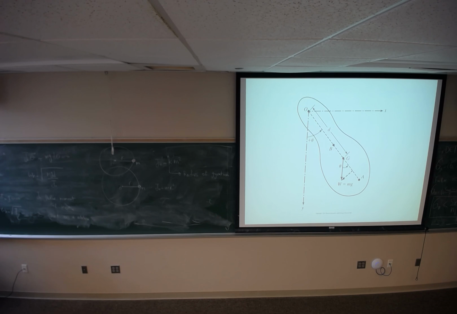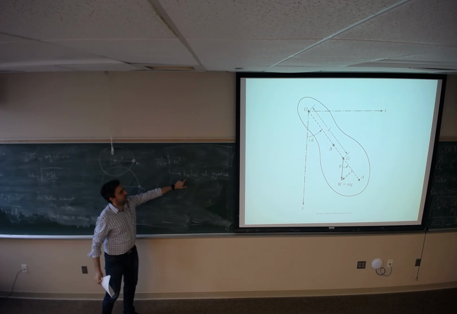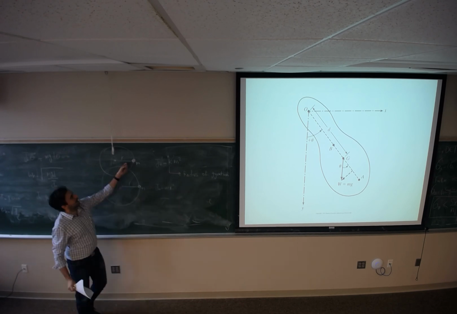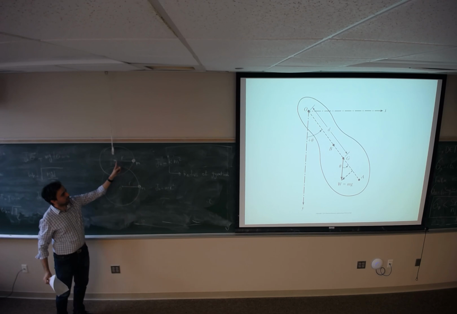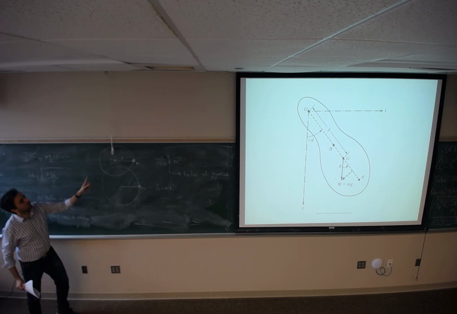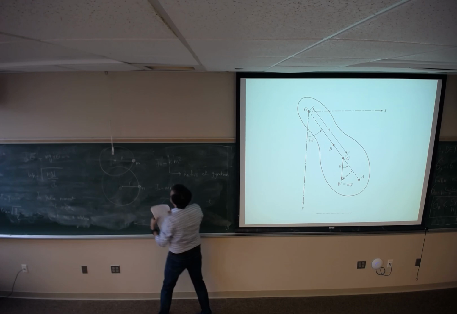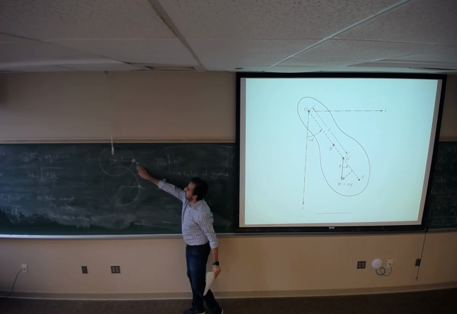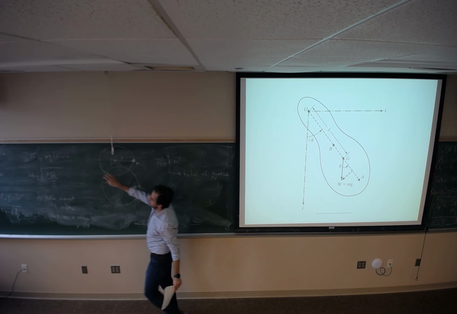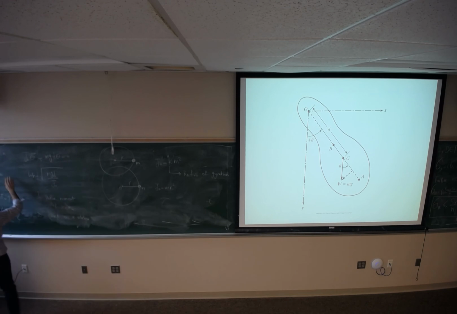So radius of gyration is defined for a concentrated mass system such that this new system is going to have the same mass moment, polar moment of inertia as the original system, which is this. This is one thing.